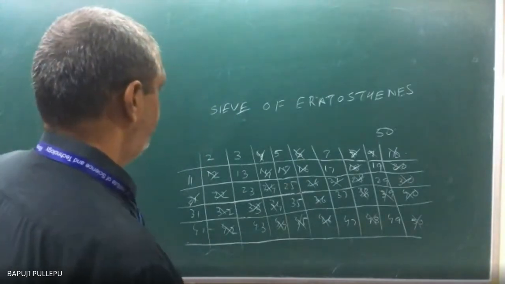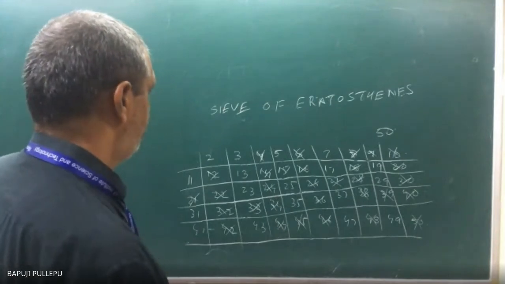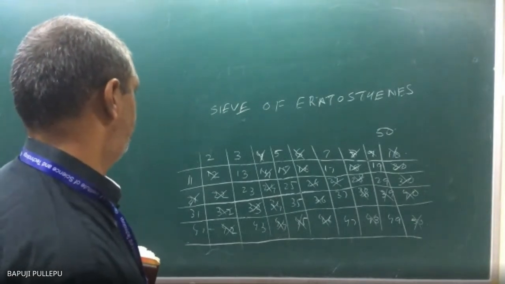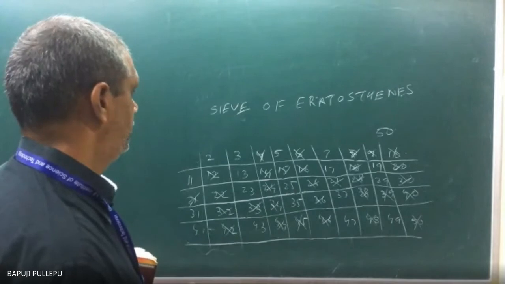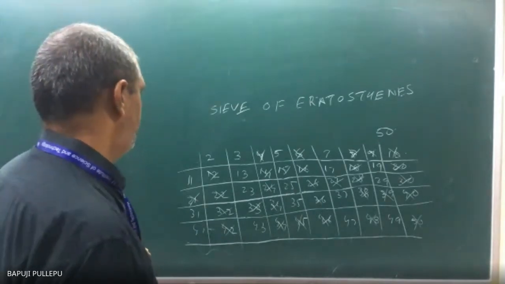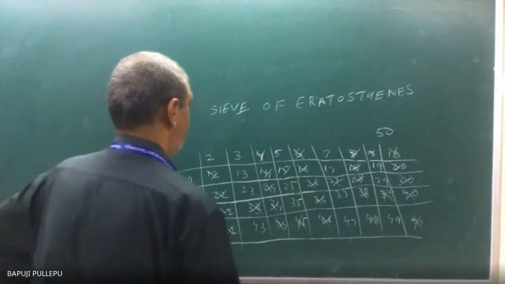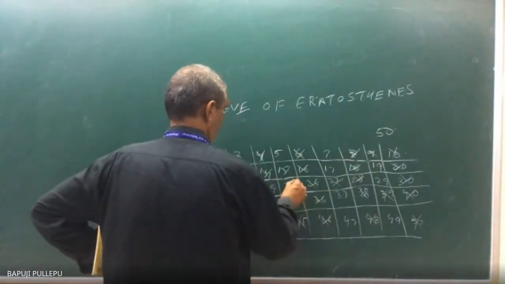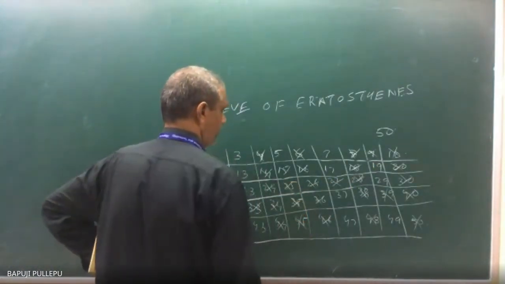Then taking 5, how many will go? 5 itself stays, and everything already went off, I think. Omitting 5, how many numbers can you see? 25 will go, 15 already went off, 20, 30, 40 will go, 35 will go.